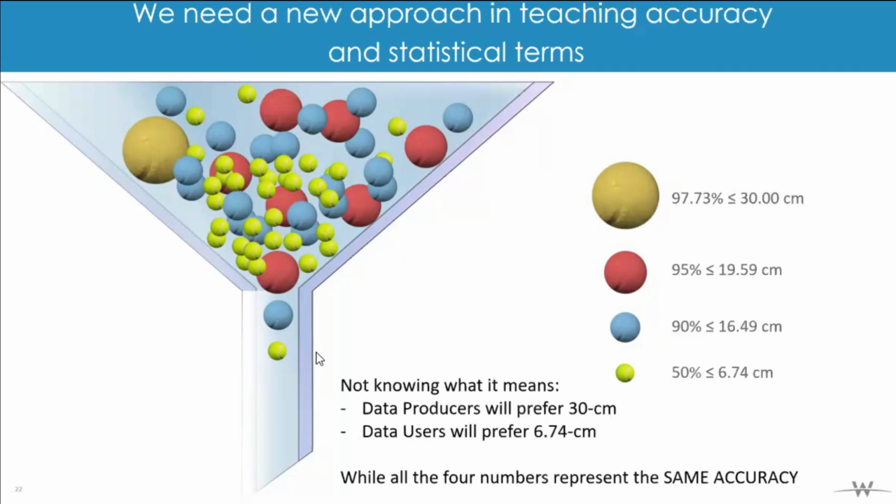While the end user of the data, the client, will jump to the 6.7, while it is the same accuracy. The 6.7 and 30 centimeter are the same accuracy expressed in different confidence levels. And that's the problem we need to solve, so people don't fall into the trap of delivering the wrong data.